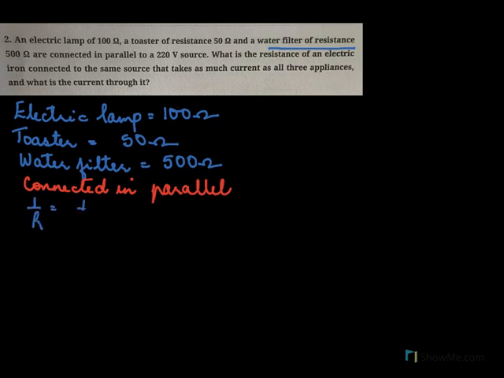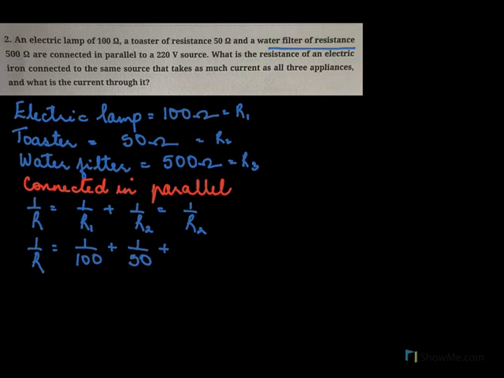Connected in parallel, we use the formula 1 by R equals 1 by R1 plus 1 by R2 plus 1 by R3. Remember, this is my R1, toaster R2, water filter R3, all connected in parallel. So 1 by R equals 1 by 100 plus 1 by 50 plus 1 by 500.